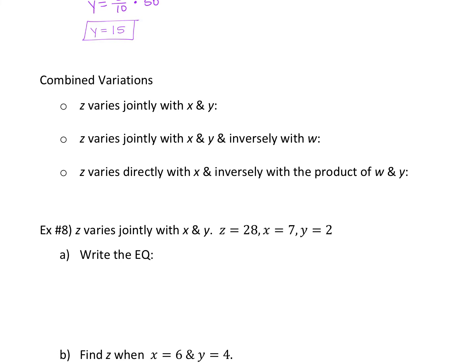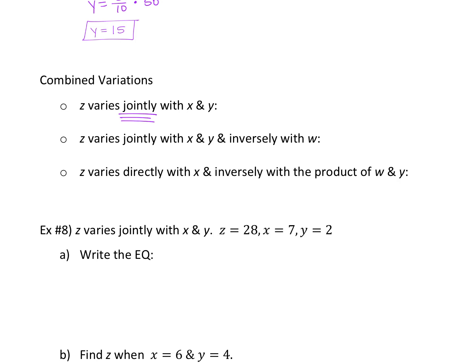Okay, now we get a little bit fancy with it. Combined variations is going to throw all kinds of those words at you. Jointly is going to be the new word that you see. But basically, you're just going to have to take words and turn them into equations and then do some of this solving and setting up type stuff.